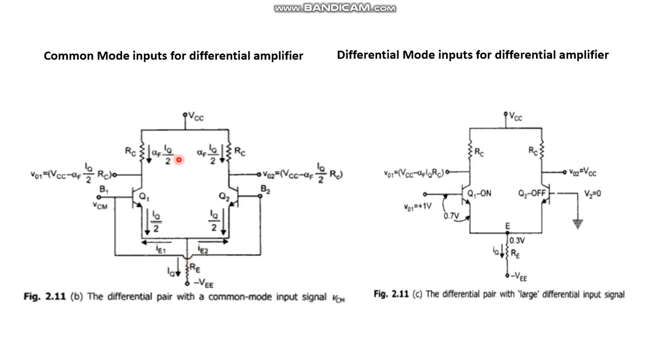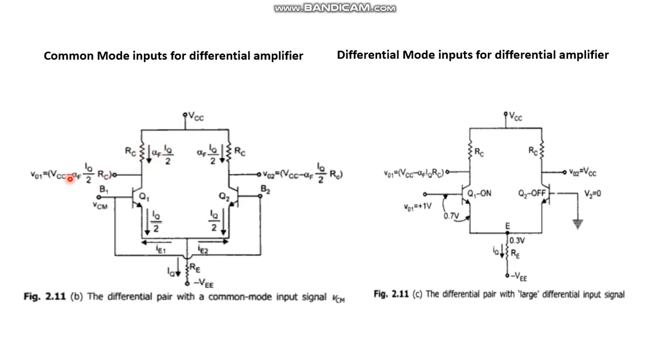But here, as we are doing it for differential configuration, this current is considered as IQ. So this is IQ by 2 and this is IQ by 2. If IE is IQ by 2, IC is equal to alpha IE, that is alpha into IQ by 2. So what is the voltage here? VCC minus the drop across this will be available here.